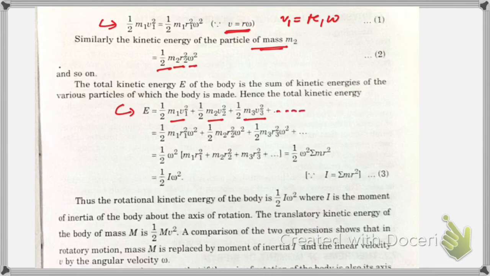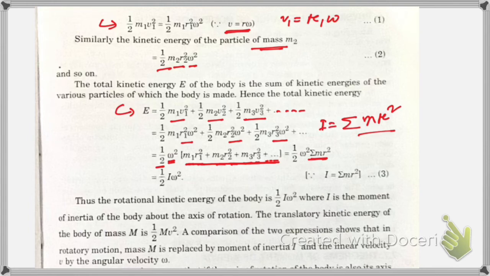Now if you replace v1, v2, v3 by r1 omega, r2 omega, r3 omega, and take omega square and half common, then within the bracket we have m1 r1 square plus m2 r2 square plus m3 r3 square and so on. This sum can be written as summation m r square, and this is nothing but the moment of inertia I. So we can replace summation m r square by capital I. Thus the total kinetic energy of the body is half I omega square, where I is the moment of inertia of the body about the axis of rotation.